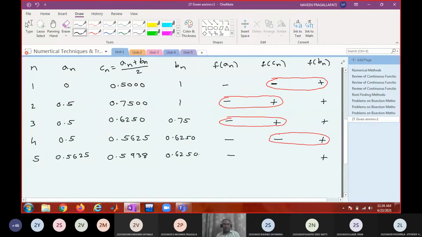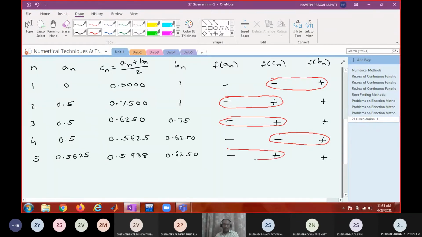Negative or positive? f of c5. Positive.